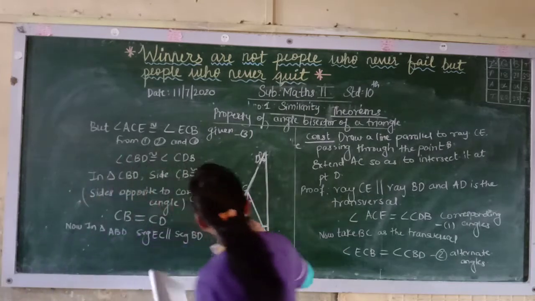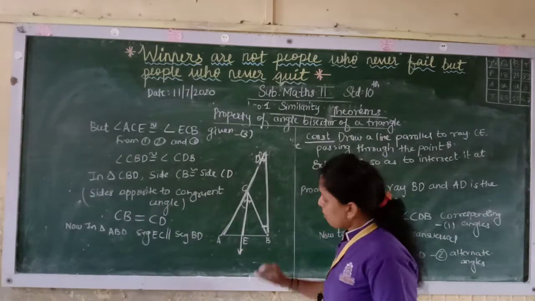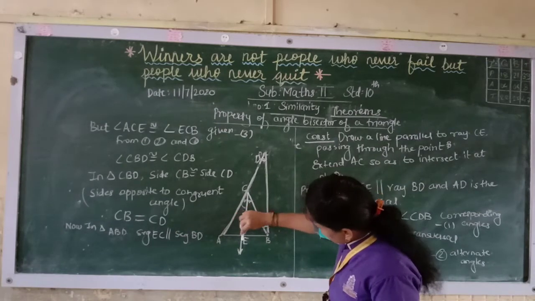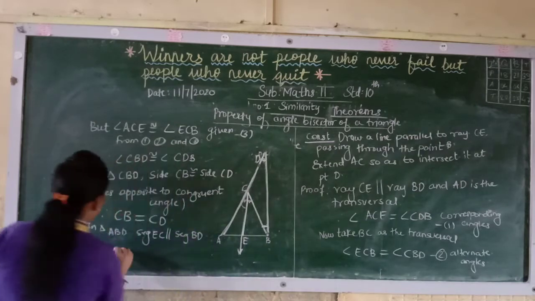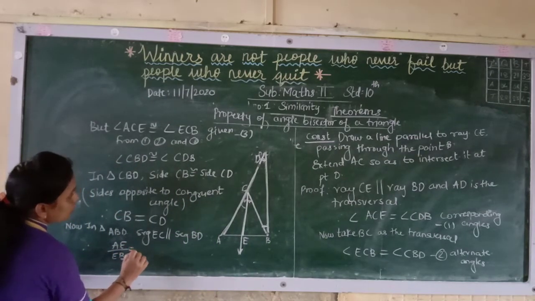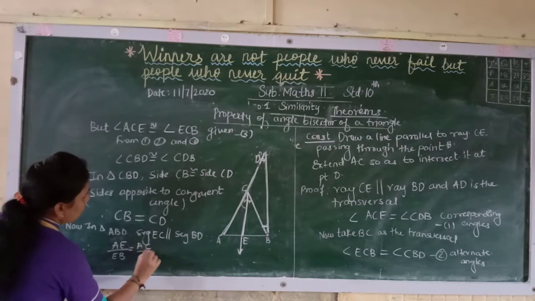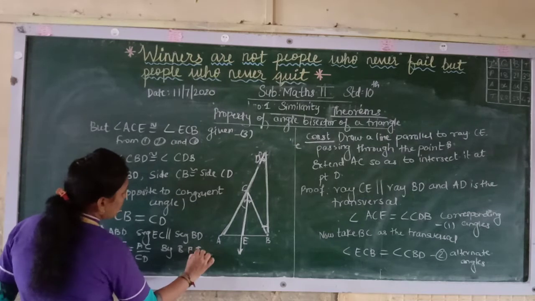Now see, if this is the triangle and these are the two parallel sides, by basic proportionality theorem you will get AE upon EB is equal to AC upon CD. So here you will get AE upon EB is equal to AC upon CD. This is by basic proportionality theorem.